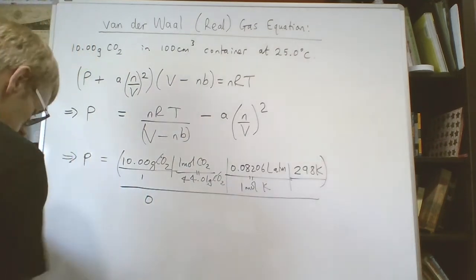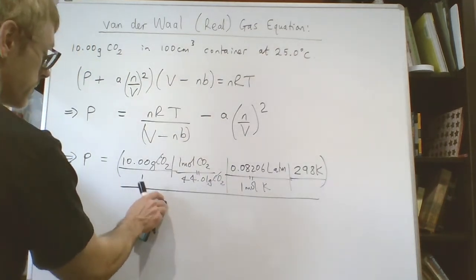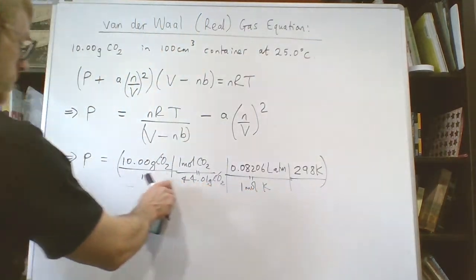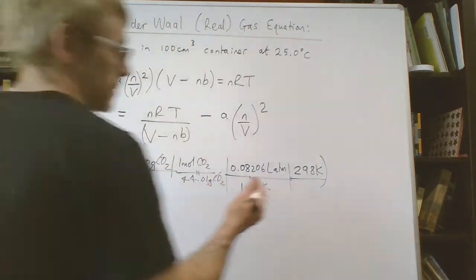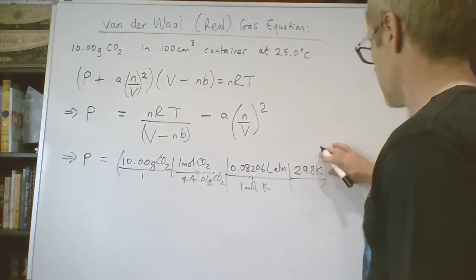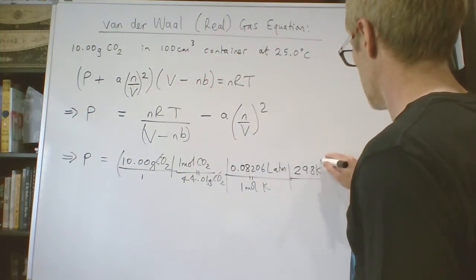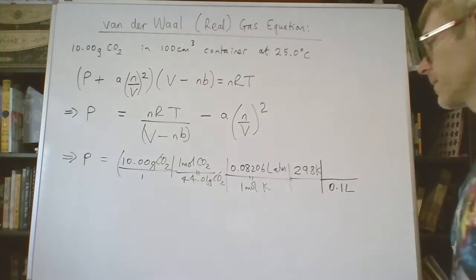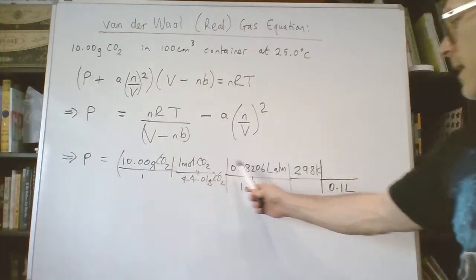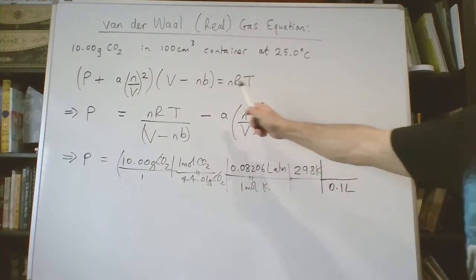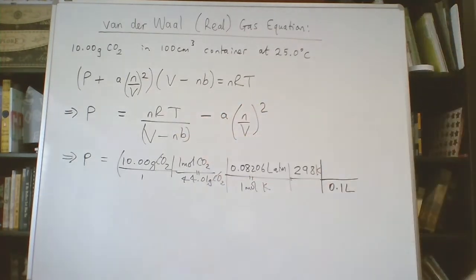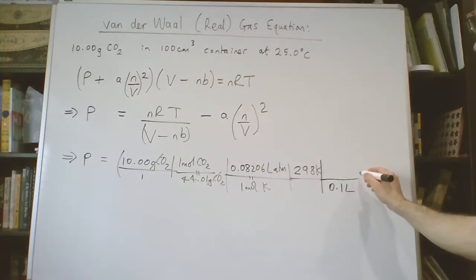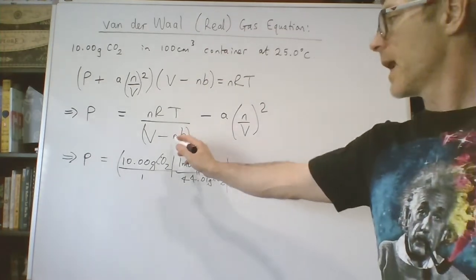So actually, let's write that over here. Everything except 0.1 liter is my numerator here. My denominator is 0.1 liter, but I've got to subtract nb.